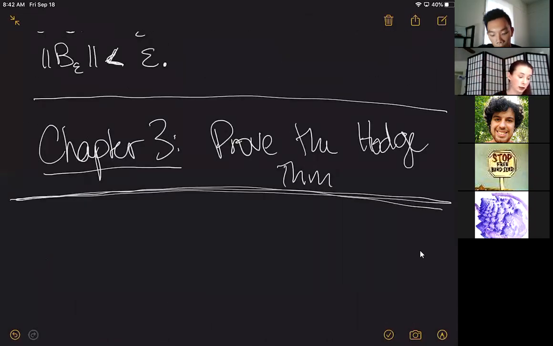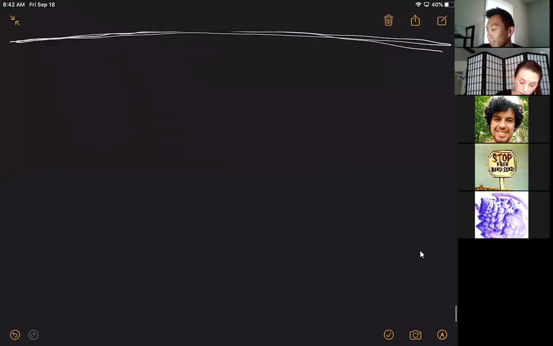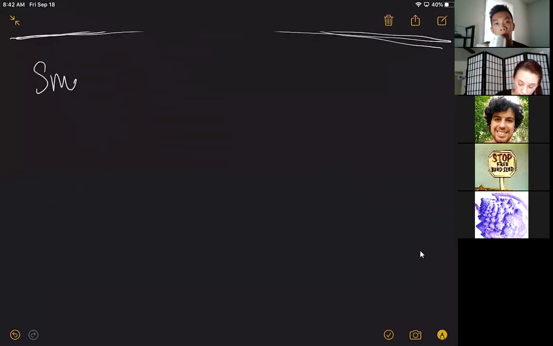So we're going to start by talking about smoothness. And here is where we will use bootstrapping. So, smoothness of harmonic forms.